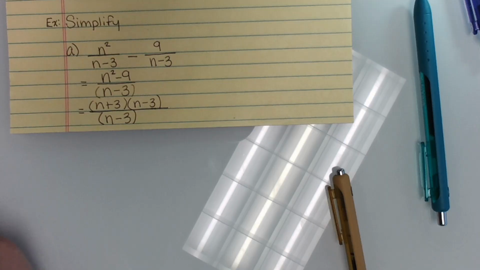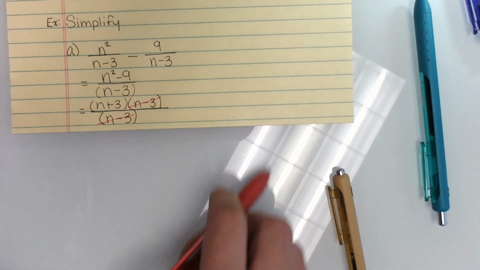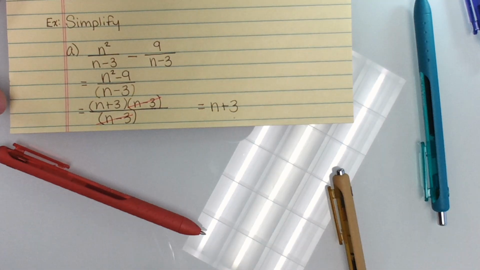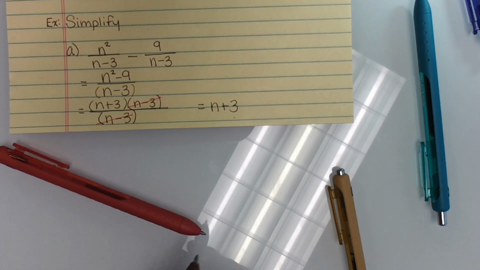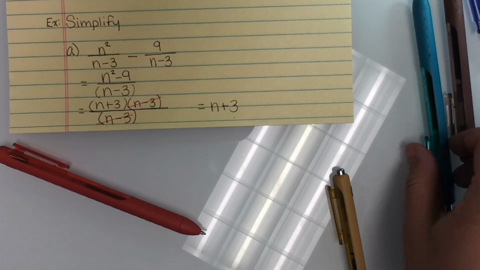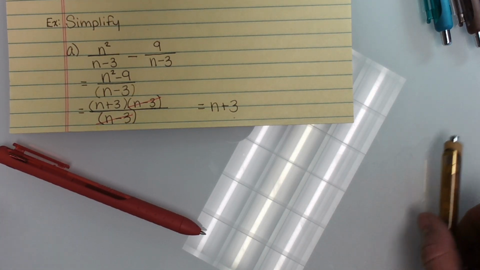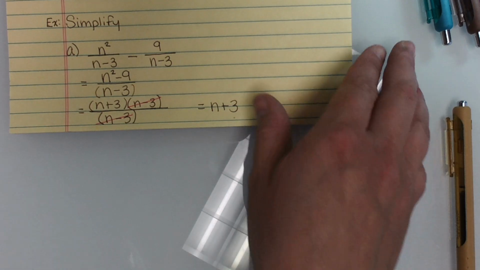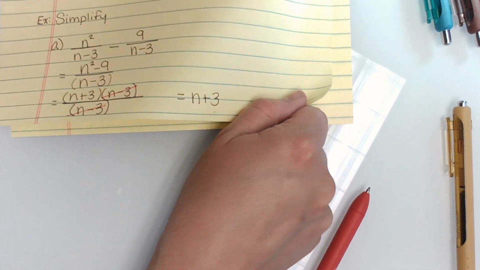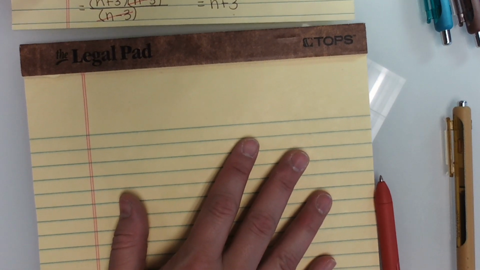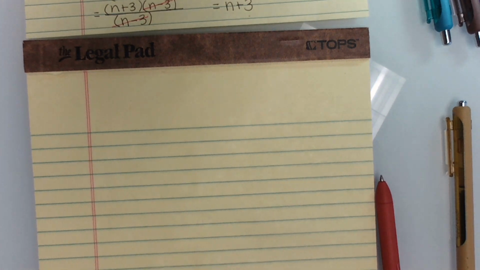Beautiful. Canceling out. N minus 3. Final answer is n plus 3. So far, not too bad. I always start at least one with a common denominator before I make it go crazy.